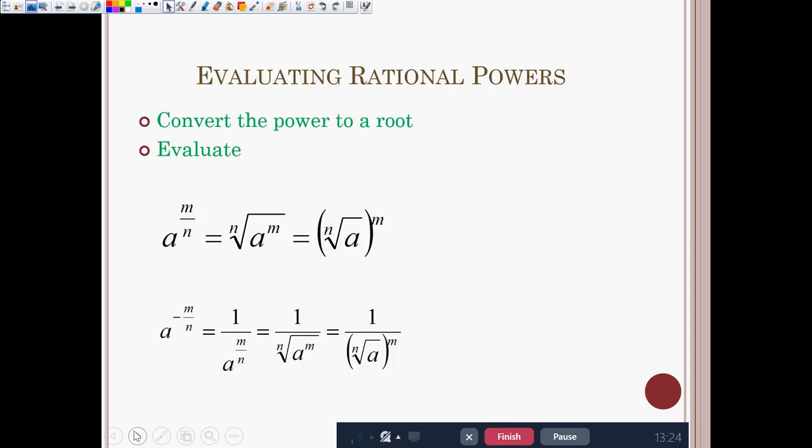So, the first thing that you need to do is convert the power to a root. Okay? So if it's as a power, we need to make it into a root. And then we're going to evaluate like we did in the beginning. The first thing that we were doing with the calculator, that's what we're going to do.